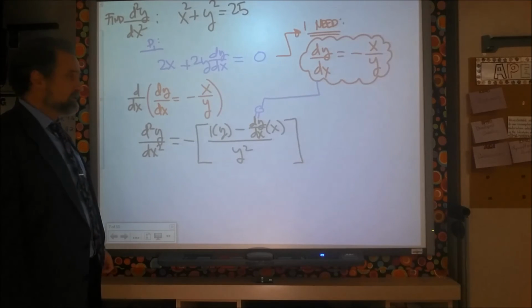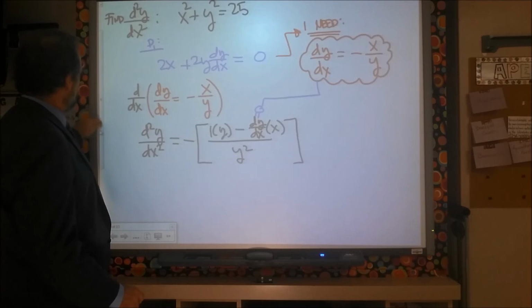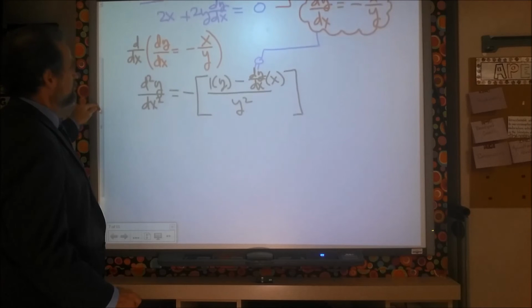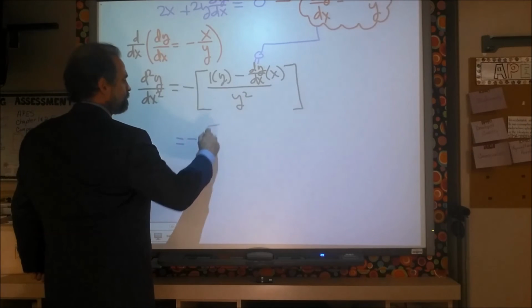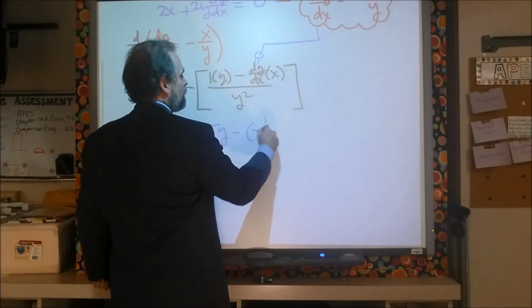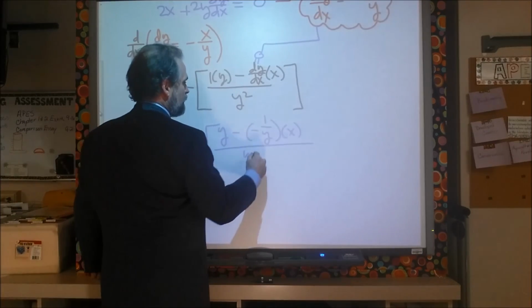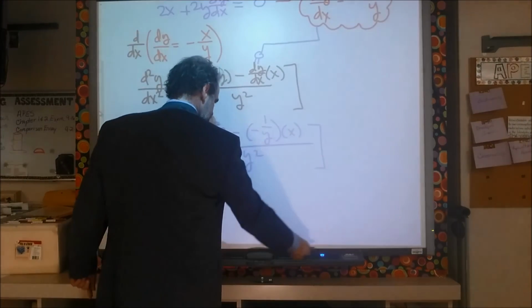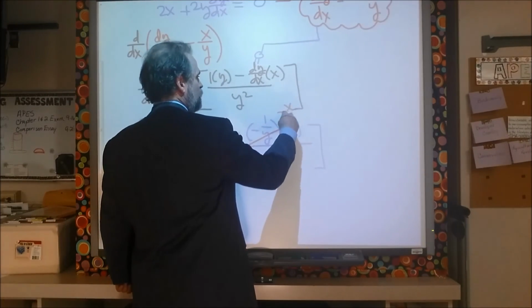So let's simplify this thing down. This, of course, let's scroll up a little bit here. This, of course, becomes y minus negative 1 over y times x over y squared. Well, this is obviously negative x over y.